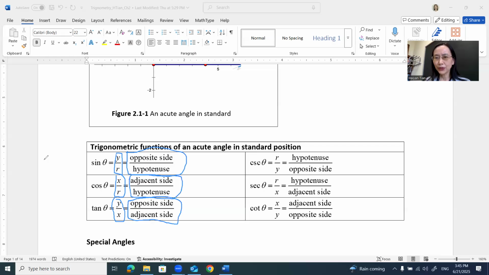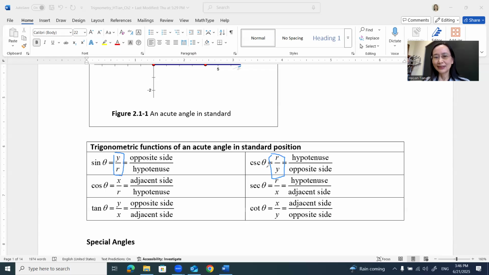So after we know how to calculate sine, cosine, tangent, the other three, cosecant, secant, and cotangent, will be relatively easy because we know the reciprocal definitions, right? Cosecant is r over y, which is really the reciprocal of the sine value at theta.